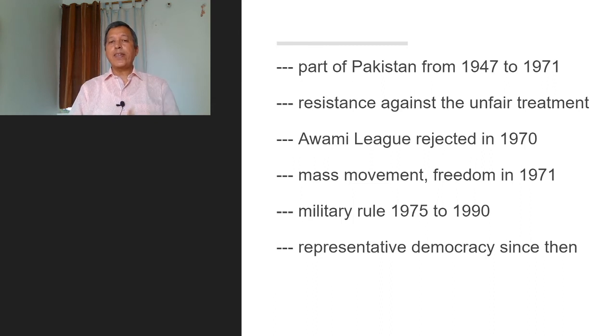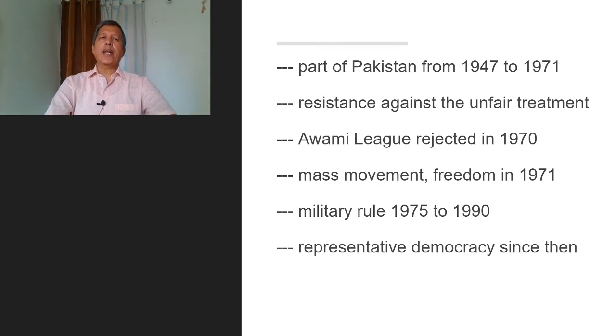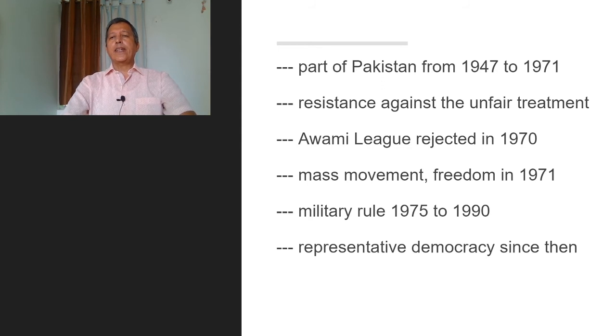In 1970, the Awami League, led by Sheikh Mujibur Rahman, won a landslide victory, but he was not given the power by the military ruler at that time, who was Yahya Khan. So there was a mass movement, and there was support from India, and finally Bangladesh became free in 1971. Sheikh Mujibur Rahman became the prime minister.